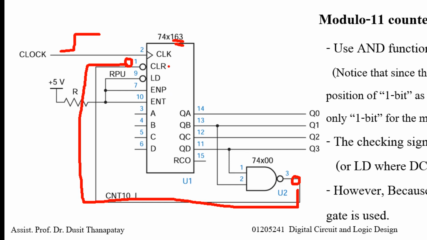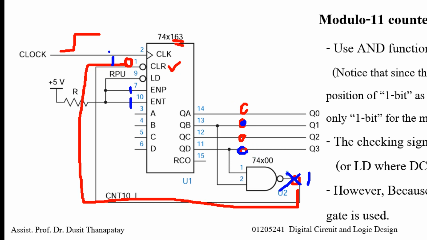When clock tick comes and clear is active, the output will be 0 0 0 0. After that, the bits are 0 0 0, not 1 1, right? So this output is not active. It becomes 1. Now clear is 1, and enable is connected to 5 volts. So now it becomes counting mode.